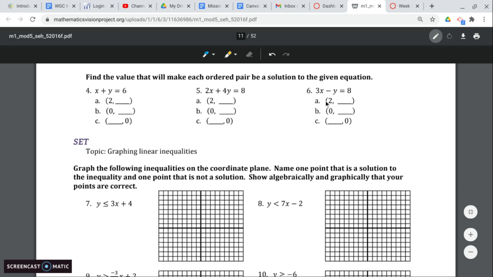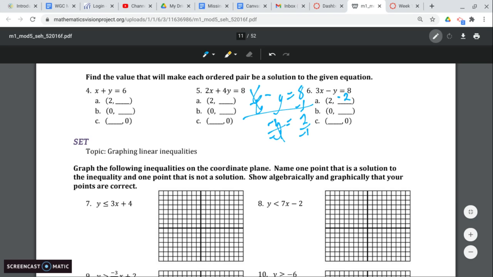So for A, we're going to plug 2 in for x. So we have 6, because 3 times 2 is 6, minus y equals 8. We subtract the 6. We have negative y equals 8 minus 6, which is 2. Divide by negative 1. We end up with a positive 2. Or sorry, a negative 2. Negative 2.